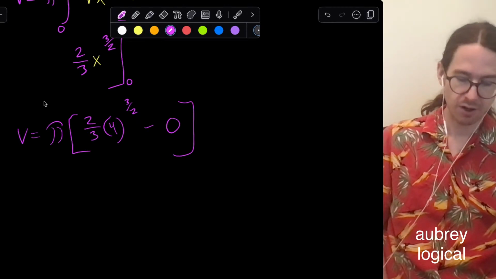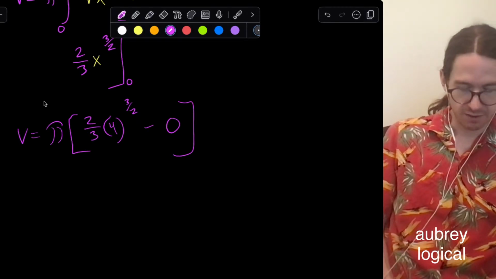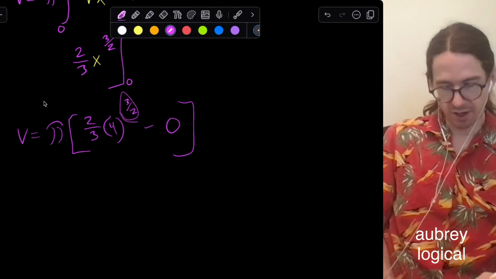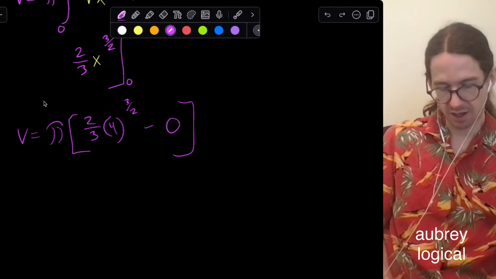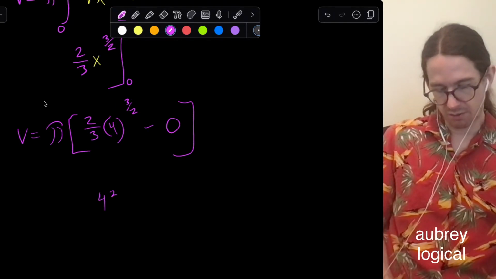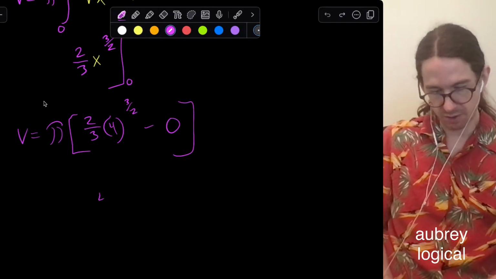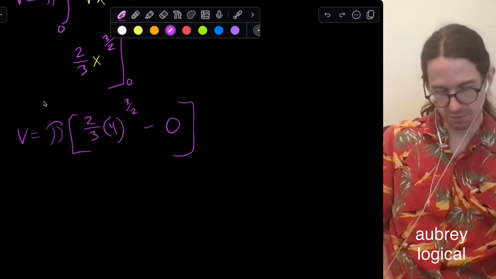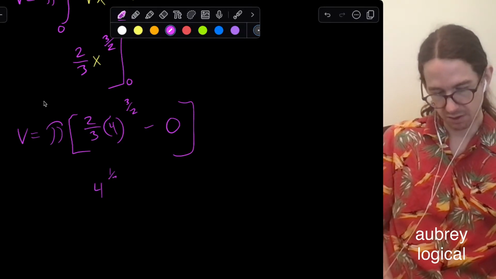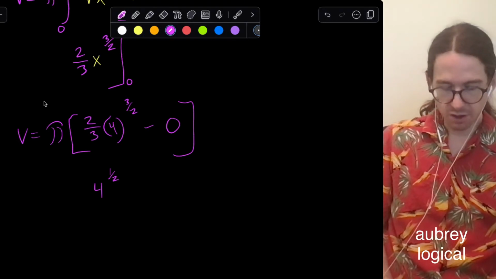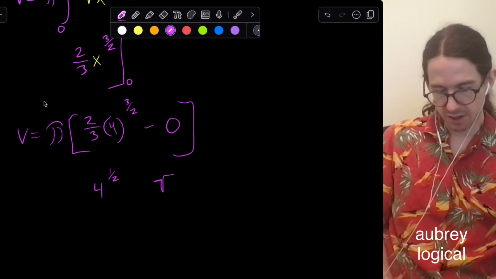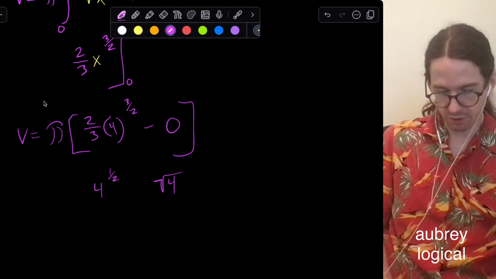Now I know this is where I get confused, because I know there's a way to write this. This is the same thing as saying the square root to the third, something like that. I don't think it's exactly that, but let's see if I can figure it out based upon an easier situation. So 4 to the 1/2 power is the same as the square root of 4.